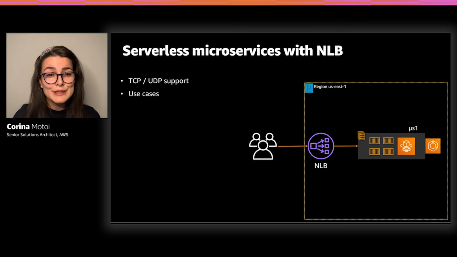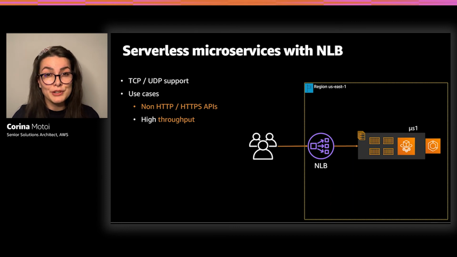When would you like that? Well, especially when you have applications with non-HTTP, HTTPS APIs, when you require high throughput and ultra low latency, and also where you require a static IP, where your applications don't support DNS. So basically you need to have a static IP to be able to route the traffic.